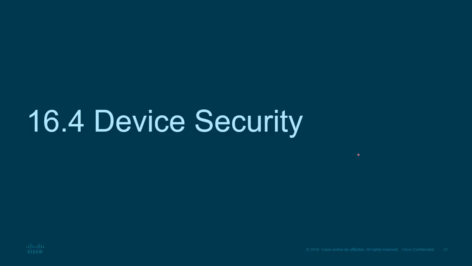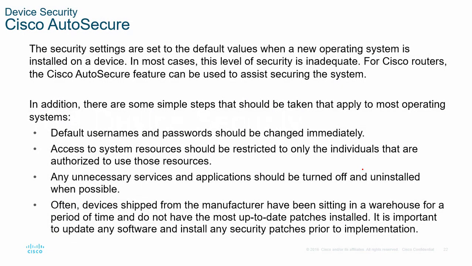The last topic of Module 16 looks at some of the commands we can use in the Cisco IOS to help secure our Cisco routers and switches. The Cisco AutoSecure command is one such feature in the operating system that can be used.